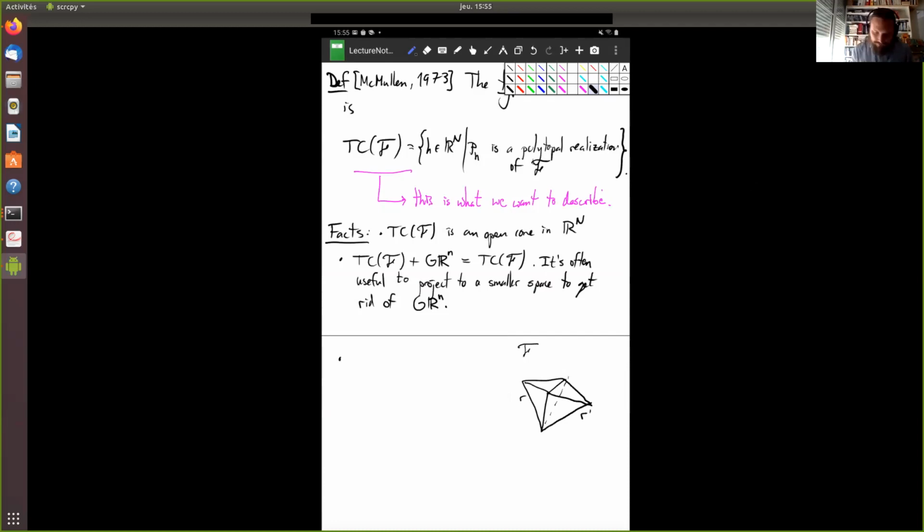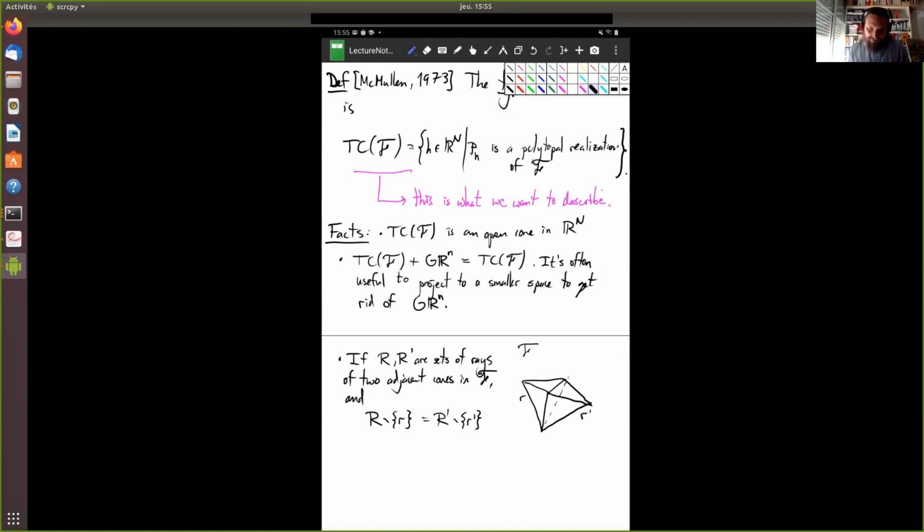If r and r prime are the sets of rays of two adjacent cones in your fan, they differ just by one ray. So let's say that big R minus small r is the same as big R prime minus small r prime.